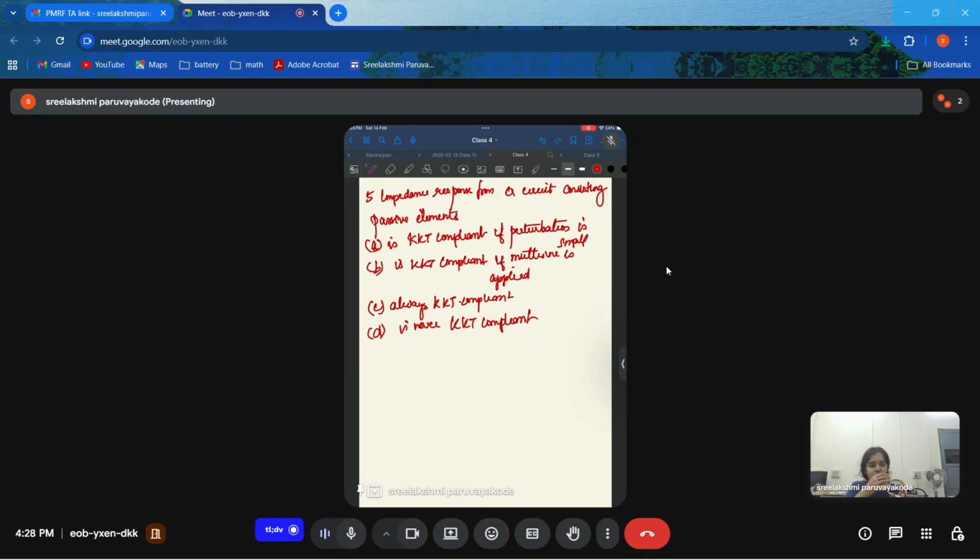If that set of data is fitted well using these passive elements, we can automatically say that the system is KKT compliant. There is no effect of perturbation there, because whatever data you get, you're trying to fit it using the passive elements. So it is always KKT compliant. So option C.